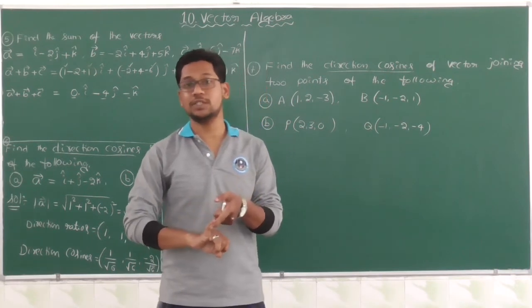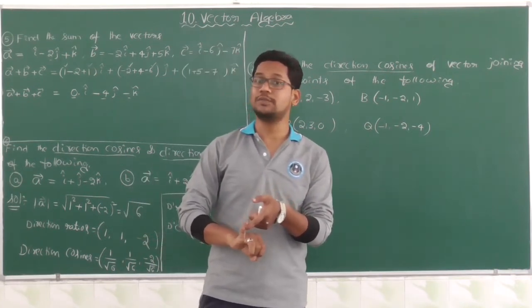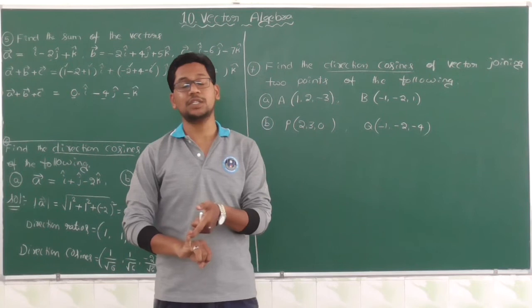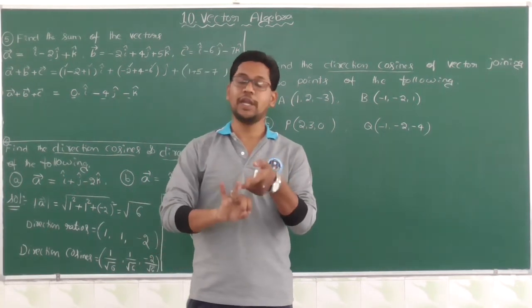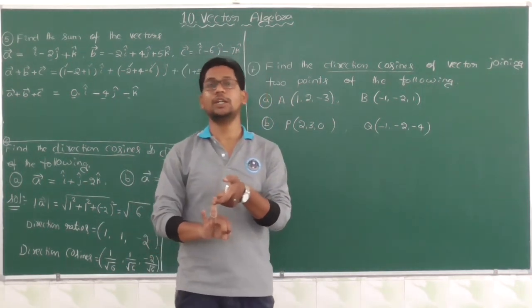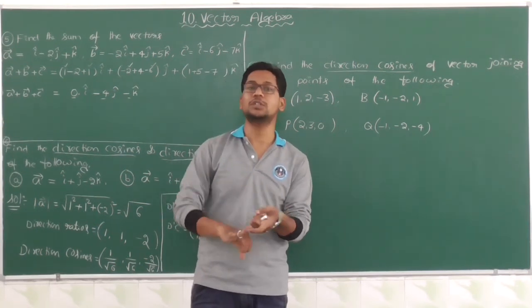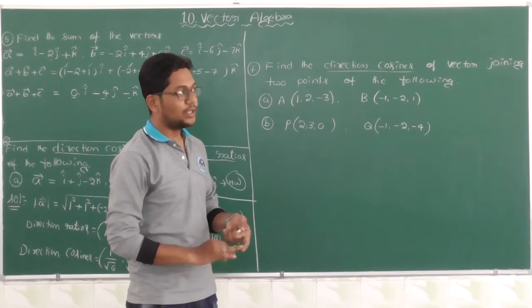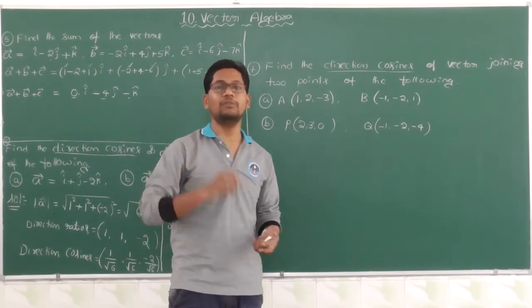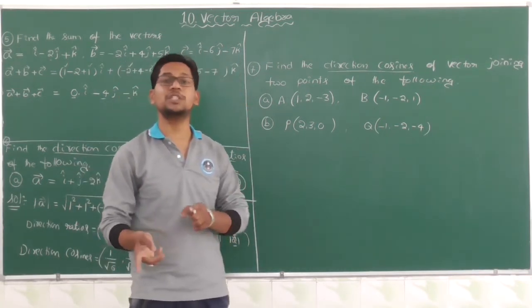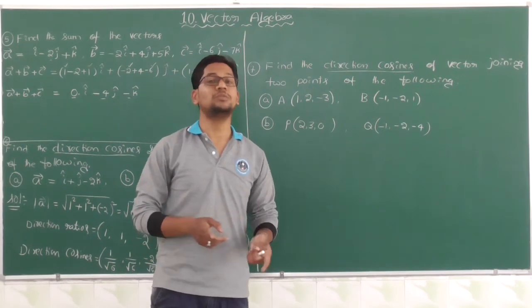First, (x2 - x1)i + (y2 - y1)j + (z2 - z1)k. Second, AB vector equals OB vector minus OA vector, using position vectors. Of these two, I will take only the first: (x2 - x1)i + (y2 - y1)j + (z2 - z1)k.